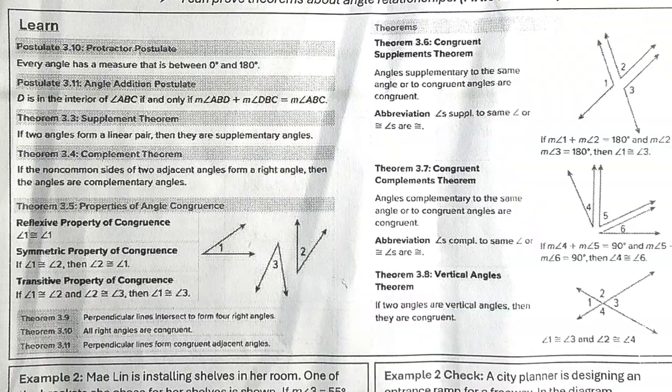All right, 3.11, the angle addition postulate. It says that D is in the interior of angle ABC if and only if angle ABD plus angle DBC equals angle ABC. I know that sounds like Charlie Brown's mom, wah, wah, wah.